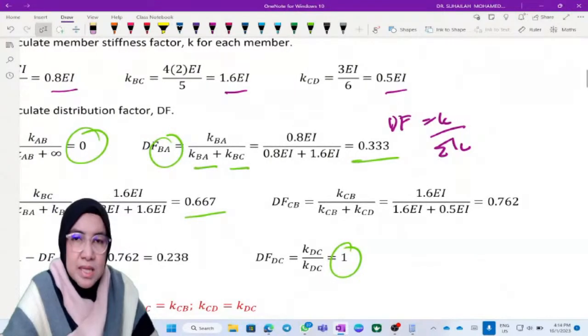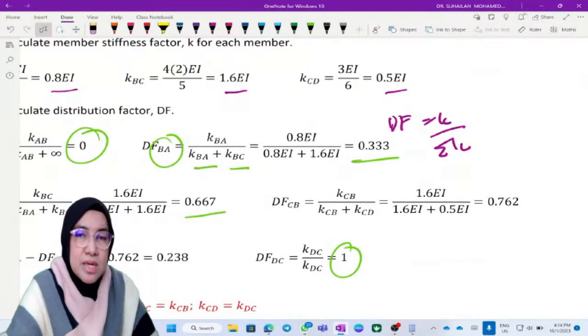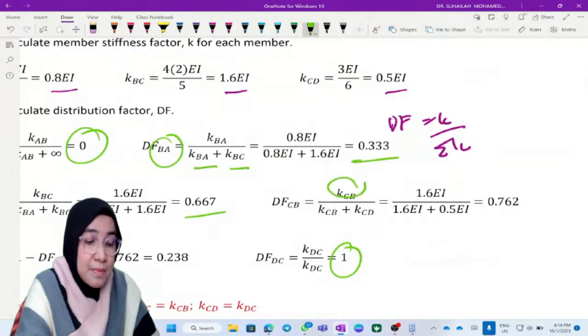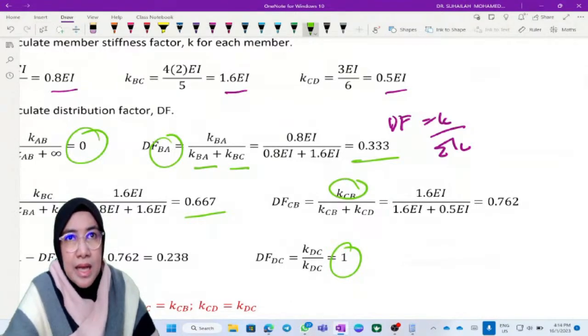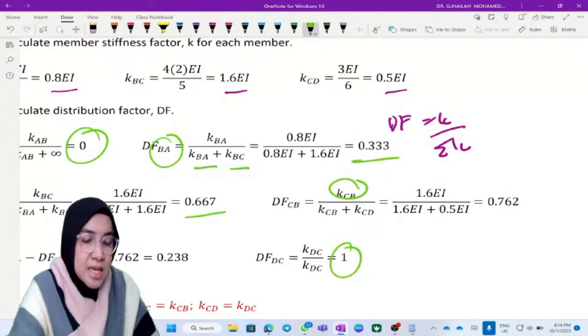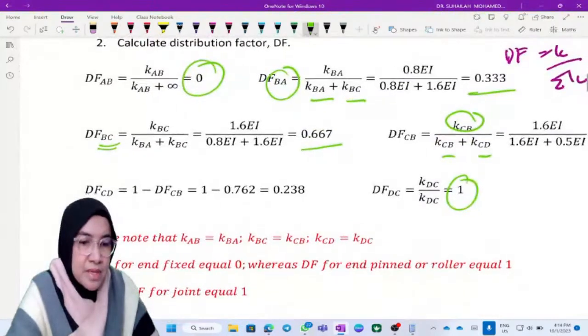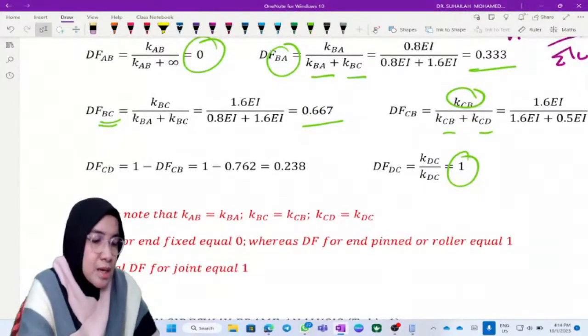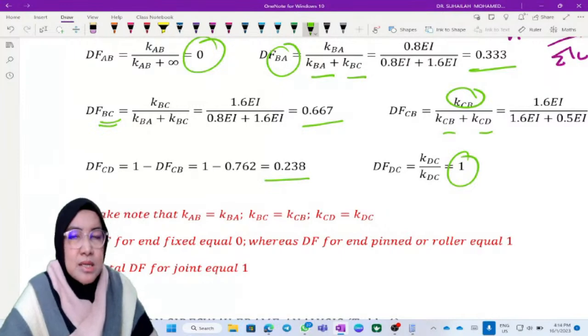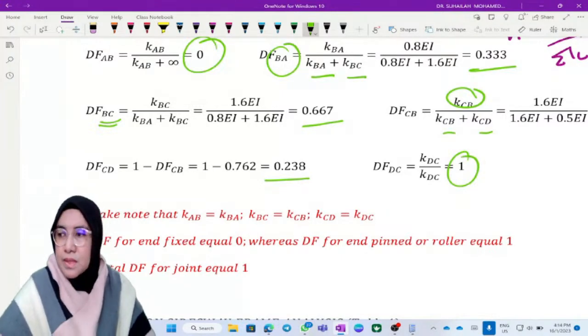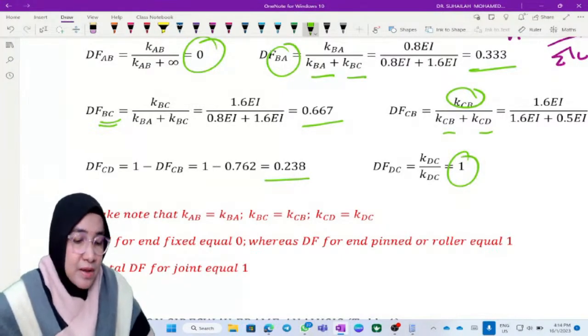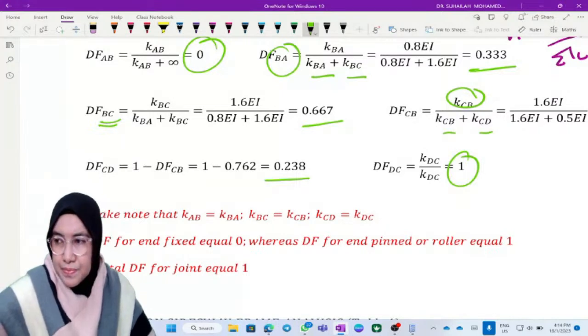For distribution factor DFCB, it is KCB over total K at joint C, which is CB and CD. So we get 0.762, and the other one will be 1 minus 0.762.